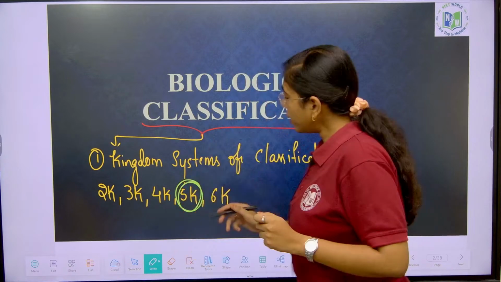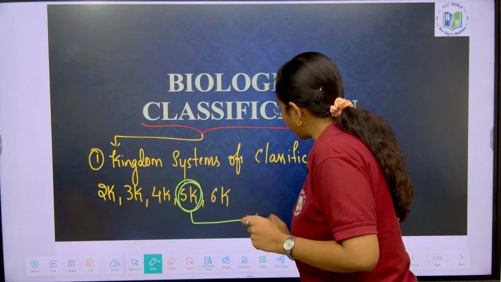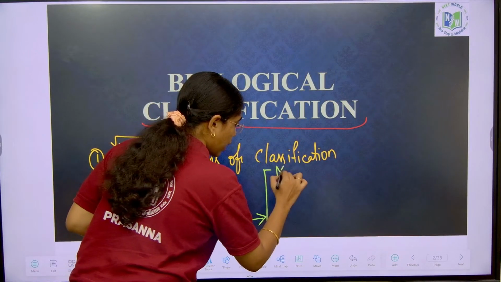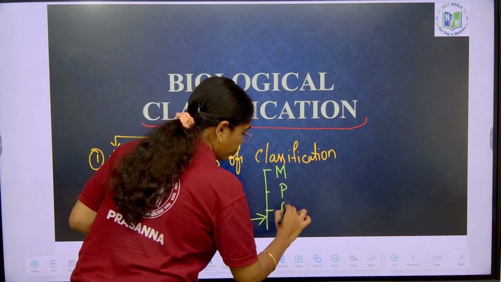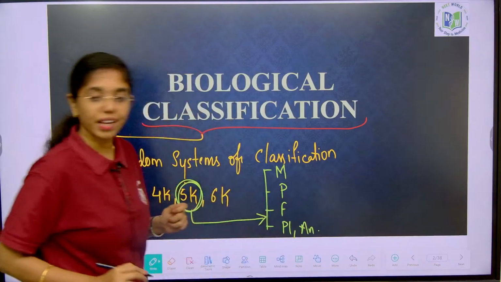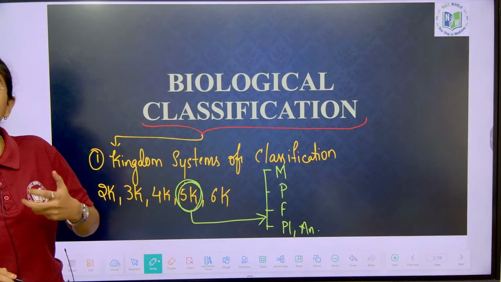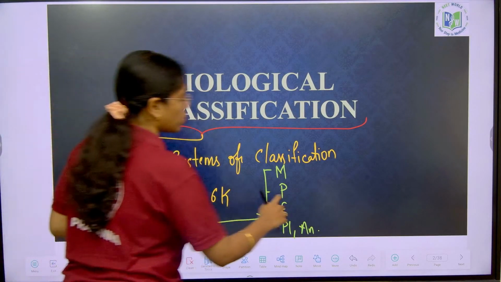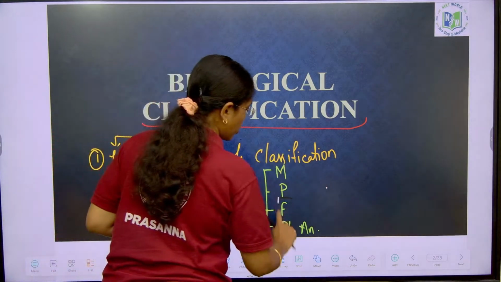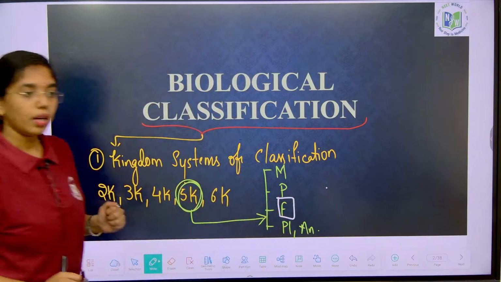The 5 kingdoms are Monera, Protista, Fungi, Plantae and Animalia. The new kingdom introduced in the 5 kingdom system is Fungi.